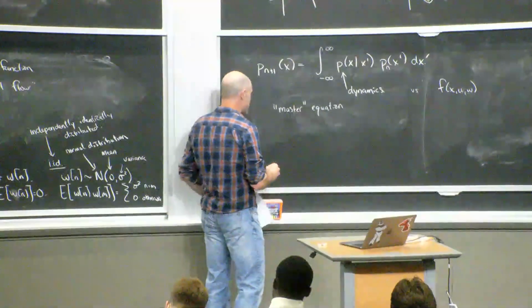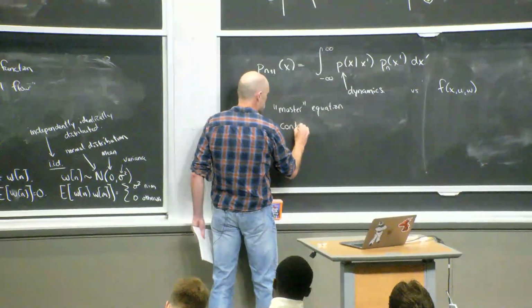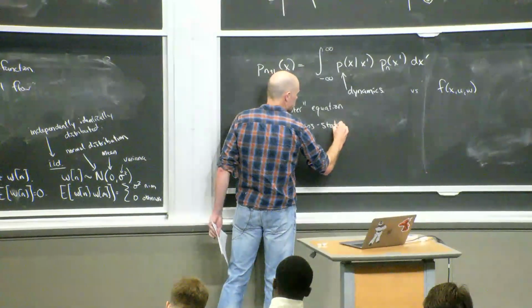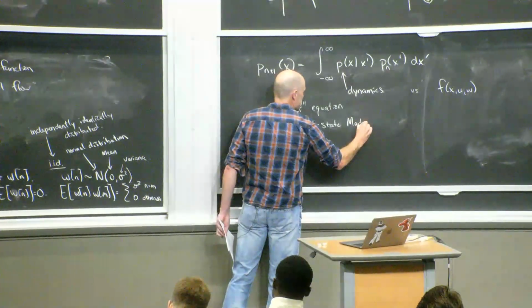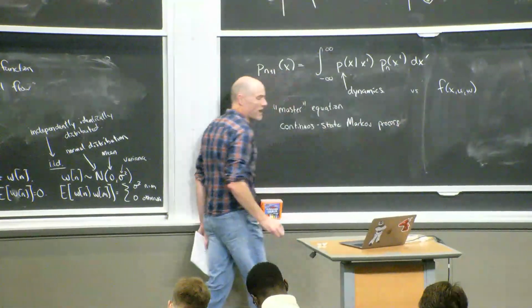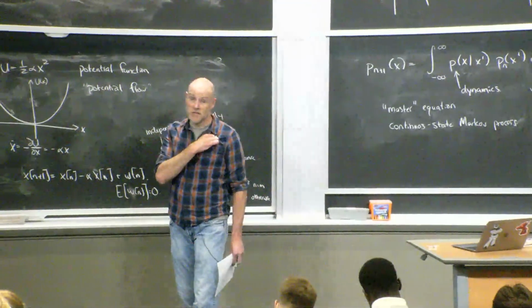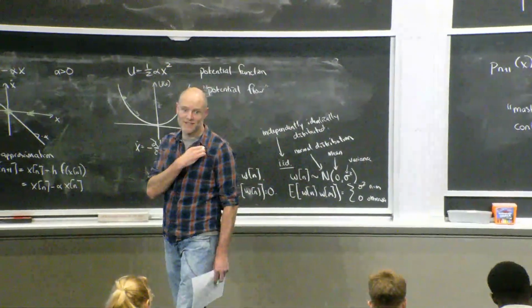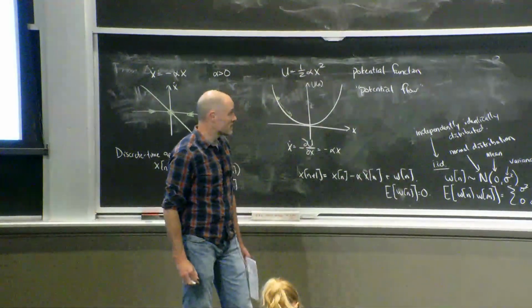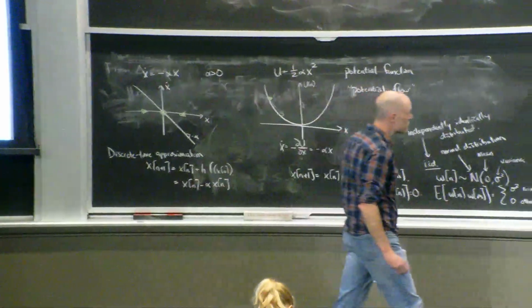But it's sometimes called continuous state Markov process. It's related to a lot of things you might have heard: Perron-Frobenius, Fokker-Planck, all these different equations. This is the simple version of it. I would just call it a continuous state Markov process.